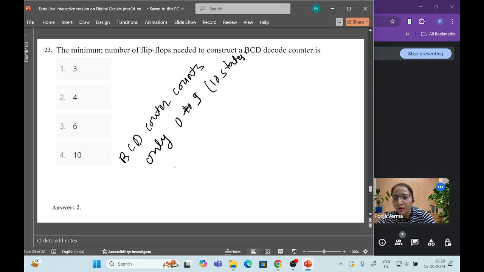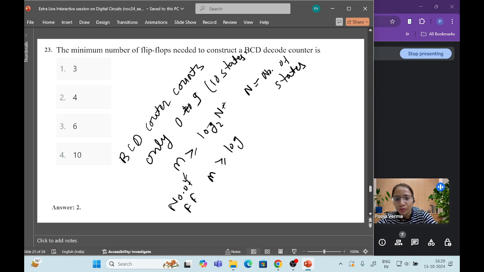So in order to find the number of flip-flops required, m is greater than or equal to log 2 of n. Here n is the number of states, and m is the number of flip-flops. Here the number of states is 10, because it is counting 0 to 9, right?